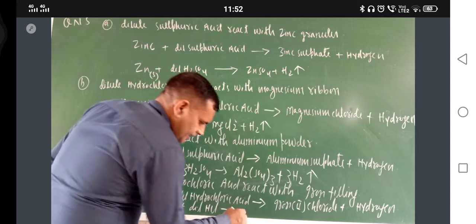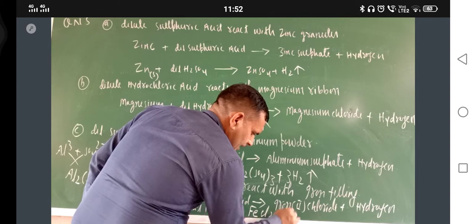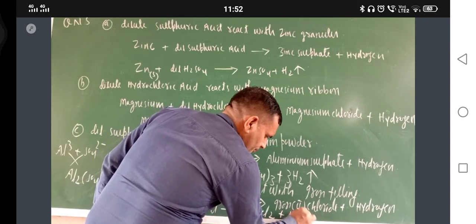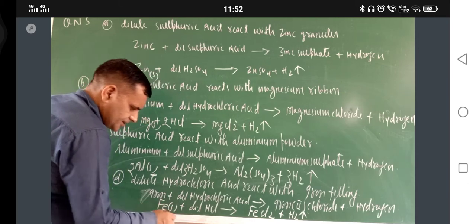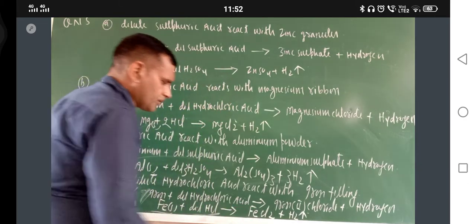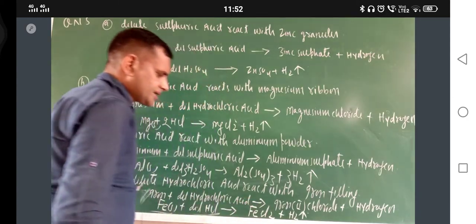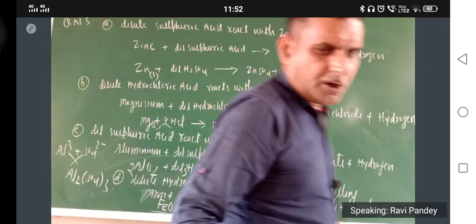So here what is there? FeCl2 plus H2. Okay, Fe, dilute HCl, FeCl2.